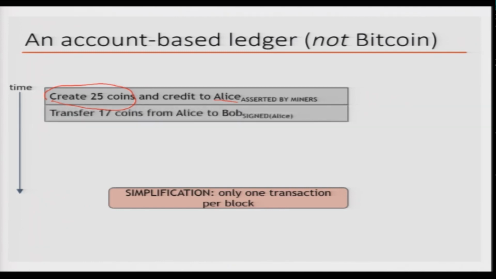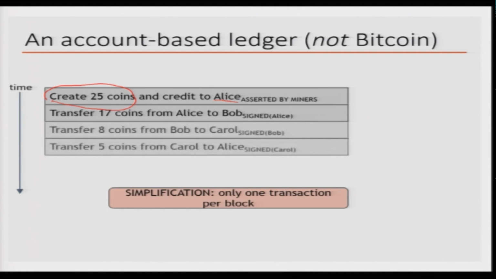But then let us say Alice transfers 17 coins to Bob and digitally signs the transaction, and then Bob transacts 8 coins to Carol, signed by Bob, and then 5 coins are given by Carol back to Alice. Now, how many coins does Alice possess?